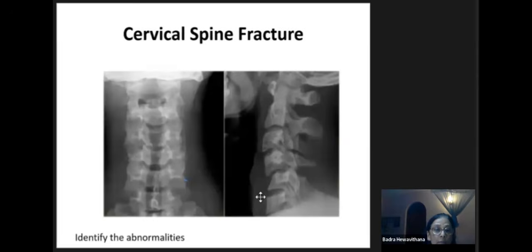So we'll see some examples. Can you identify any abnormality here? This is one of the things that I like to see on the cervical spine AP X-ray. Other than the tracheal compression from the goiter, this is another reason we look at the AP cervical spine X-ray.